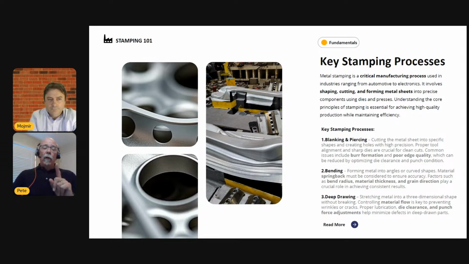But the one thing I will caution you on, especially if you're running progressive dies or any die that has stations that are hitting home: once you have the shut height set correctly in your die, the shut height is set correctly when you have pads that are hitting home and you are closed on whatever material thickness you are using.